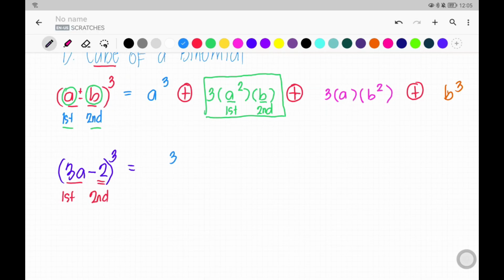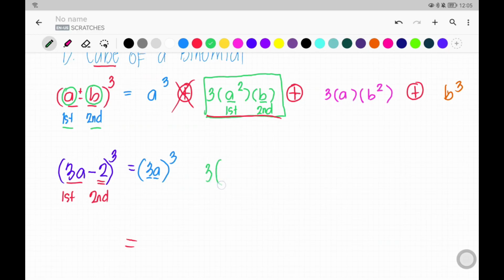Okay? So, cube the first term. So, 3a. But then again, since magkasama to, we have to close in parenthesis and close in parenthesis. And then, what we do next is, wag muna tayo maglagay ng plus, ha? Kasi, magbabago pa yung sign natin yan sa pinaka-final answer, eh. Kunin muna natin to.